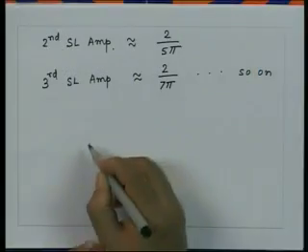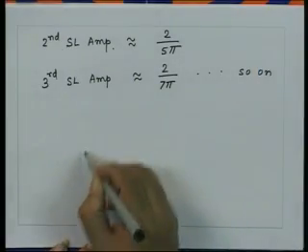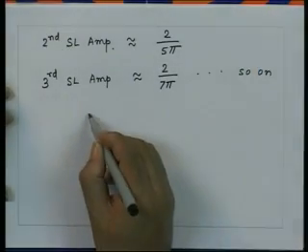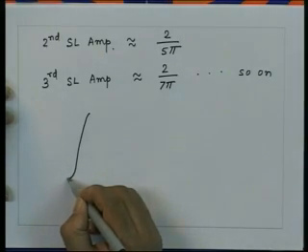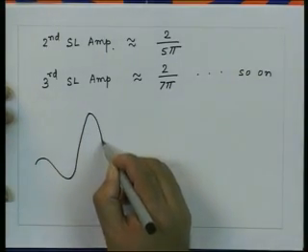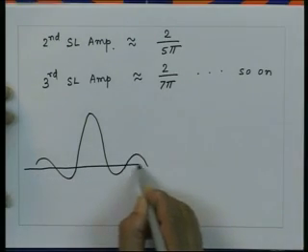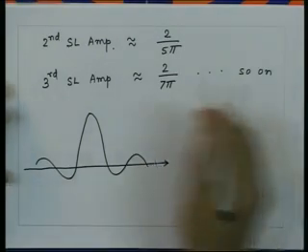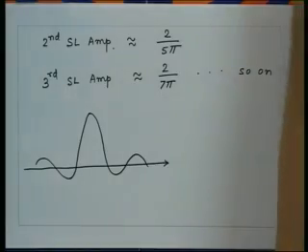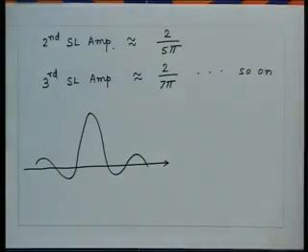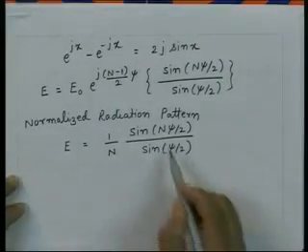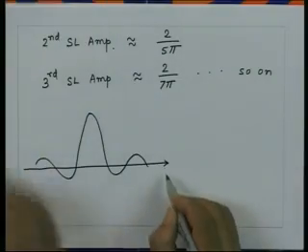So, if I plot this radiation pattern, the radiation pattern essentially will look like that in the Cartesian coordinate. Let us say this is the plot of this expression, the radiation pattern which we have got, which is sin n psi by 2 upon sin psi by 2 as a function of psi.